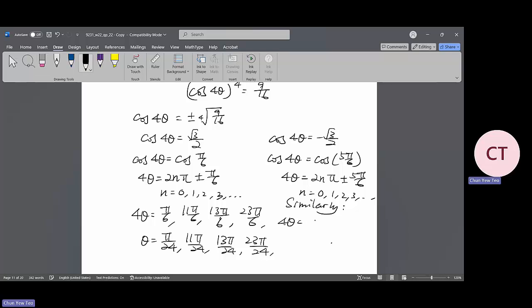4 theta over here will be 5 pi over 6. Similarly, just repeat whatever we have discussed over here just now. So this one, it will be 17 pi over 6, 7 pi over 6, 7 pi over 6 and 19 pi over 6.